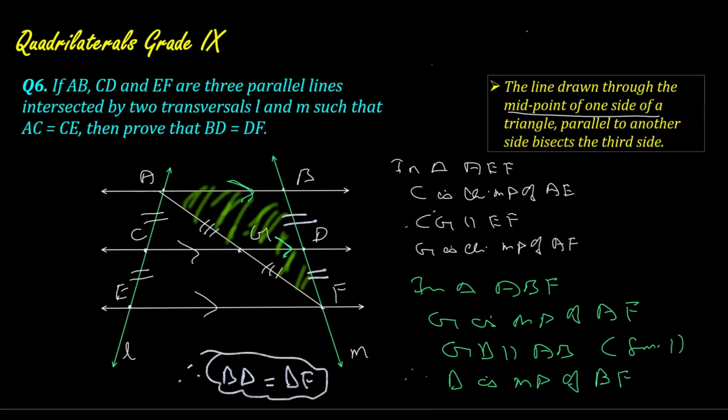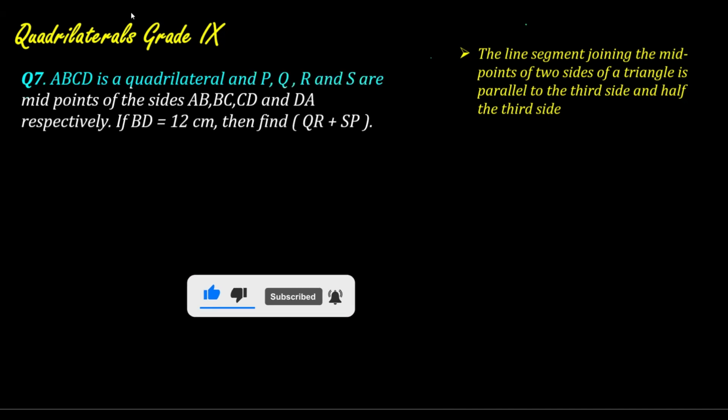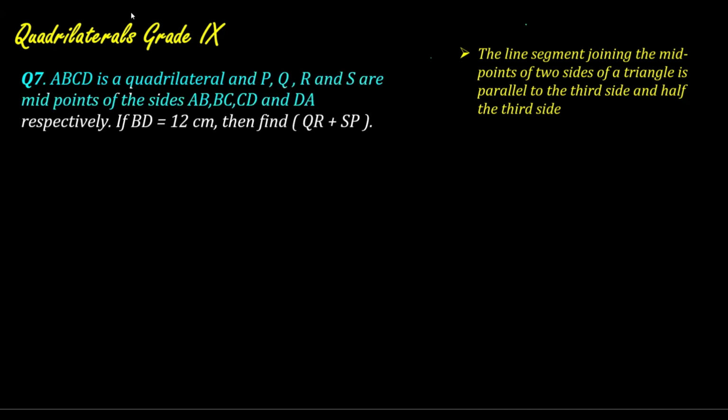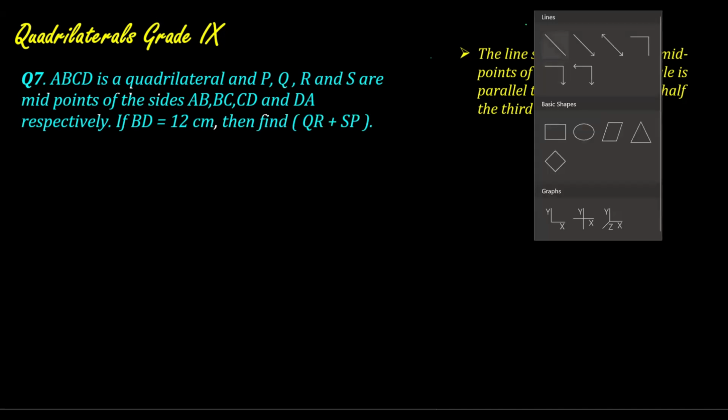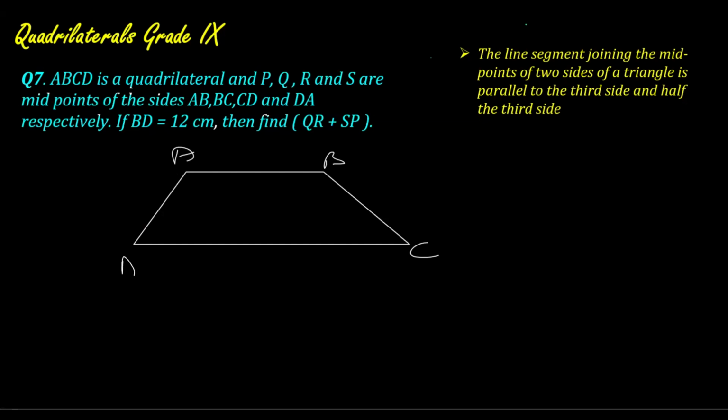Now we have one more question to do. So we are on the seventh question. It says ABCD is a quadrilateral and P, Q, R, S are the midpoints of the sides AB, BC, CD, DA respectively, and we are given the length of BD as 12 centimeter. We have to find the length of QR and SP. So let's say I make a quadrilateral, any quadrilateral, and I name it ABCD, irrespective of whether it looks like a trapezium or parallelogram.